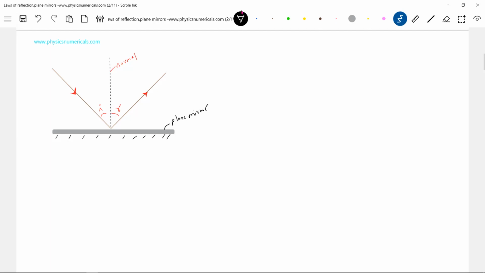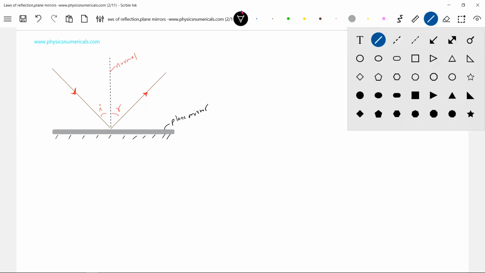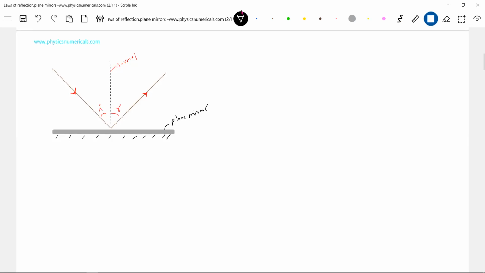plane mirror. Now the question comes, how will this plane mirror be manufactured? Means how to make the plane mirror. So what I do is, I will take a glass.